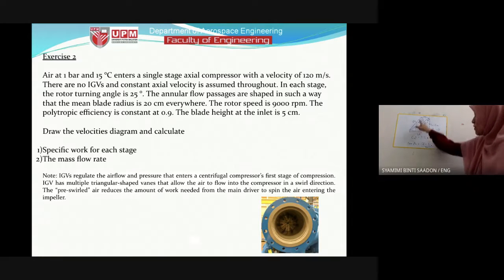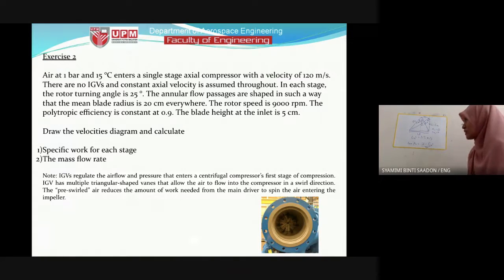From this triangle, we look back: tangent beta 2 is U minus CU2, because CU2 is only this part, so we get this part over CA2. CA2 is equal to CA1, the axial direction.